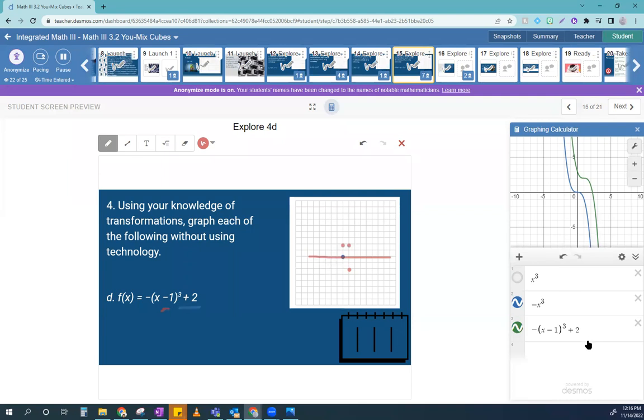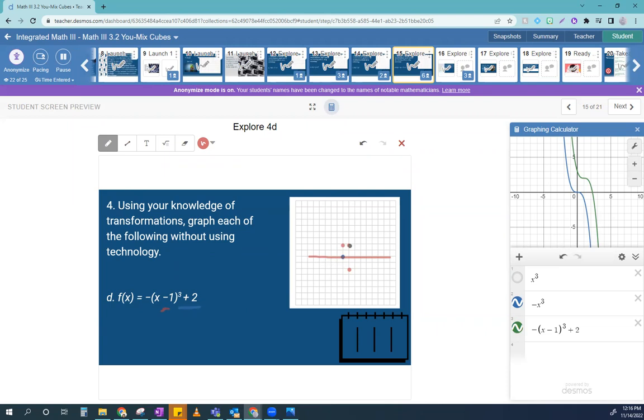The way I would check it, Ms. Johnson, what if you want us to check it and verify it? Well, I would just start plugging in numbers. If I plug in the number 1, I should get this number right here. That was my guess. So let me plug in 1. 1 minus 1 is 0. 0 cubed is 0. Negative of 0 is 0, plus 2. Boom, it's at 2.